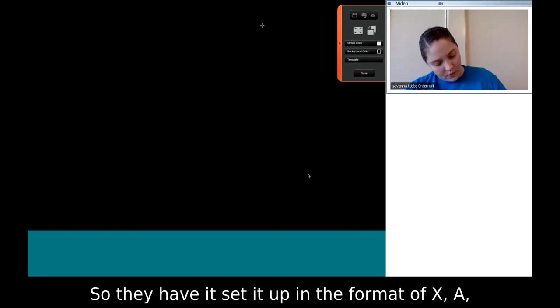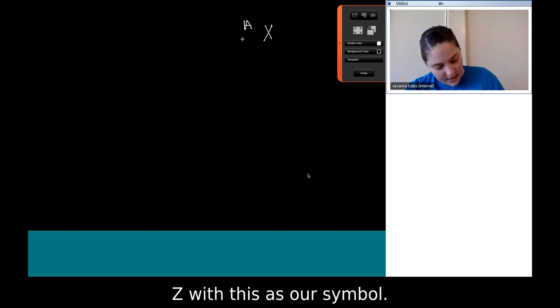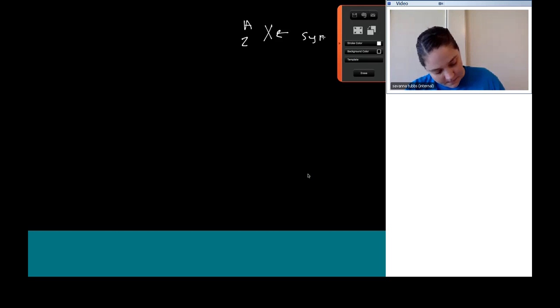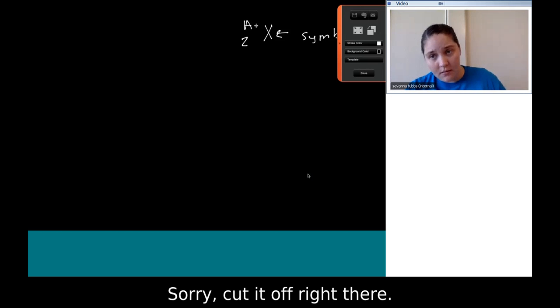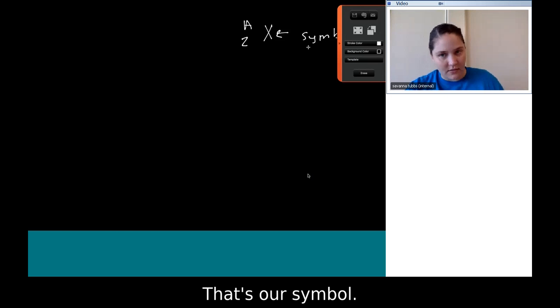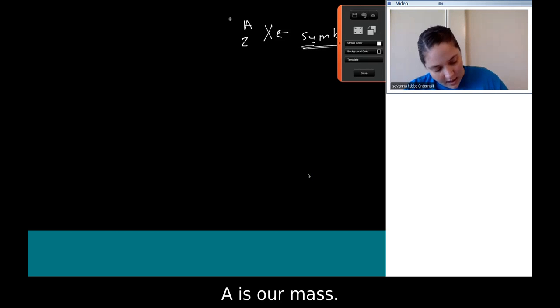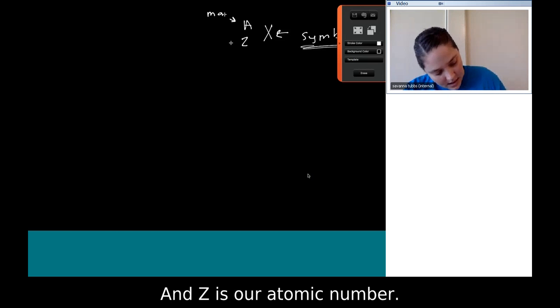They have it set up in the format of X, A, Z, where this is our symbol. Sorry, kind of cut it off right there. But that's our symbol. A is our mass. And Z is our atomic number.